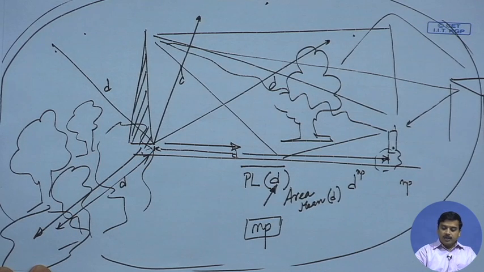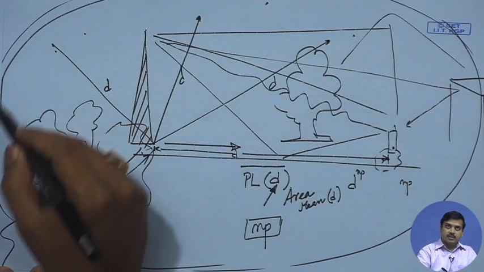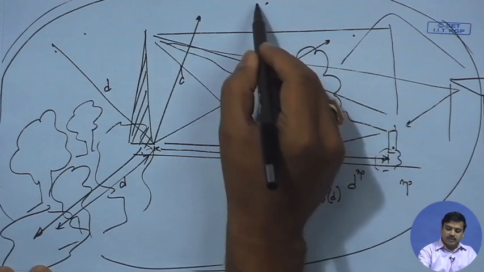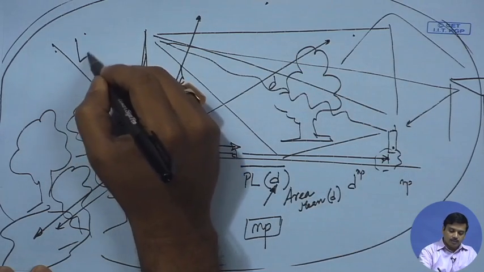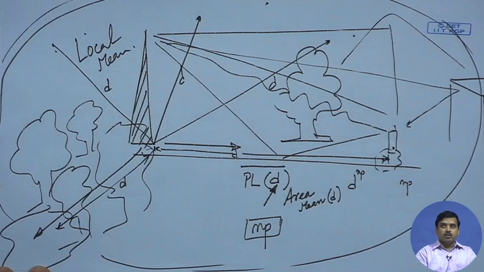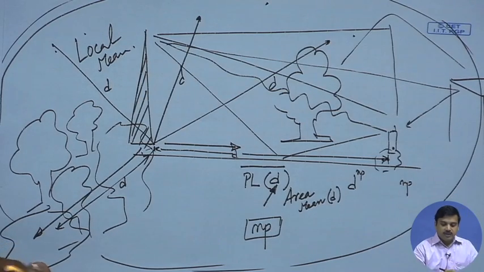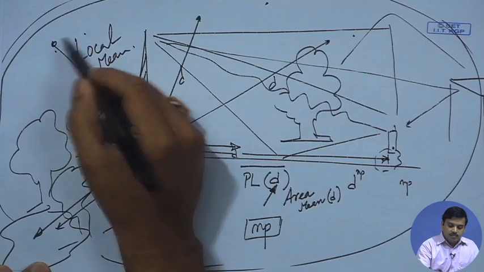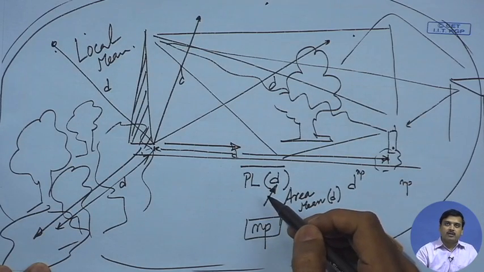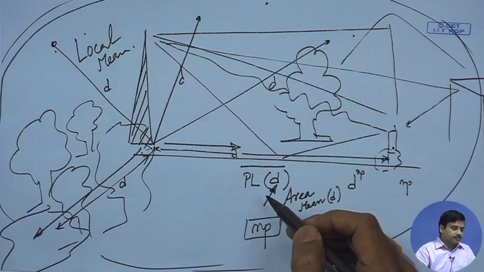So, we would like to use the path loss model for an average prediction of signal strength in a large area, whereas we would also like to capture the fluctuations which indicate the local mean. This local mean, which is the variation of signal strength in a particular direction, however in the same area, is covered under the model by shadowing.